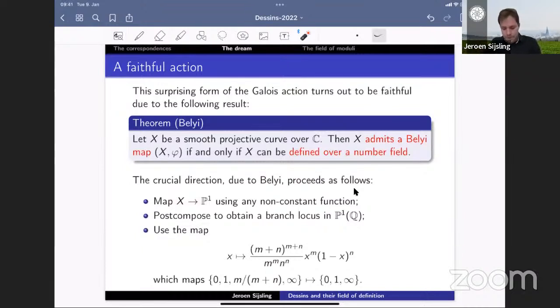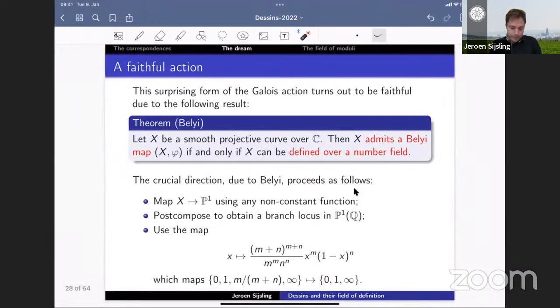Then you post-compose further, applying maps that make the branch locus smaller, and you keep repeating that until your branch locus is all the way inside P1(Q). Like I said, this is tricky, extremely clever, but this is the idea.